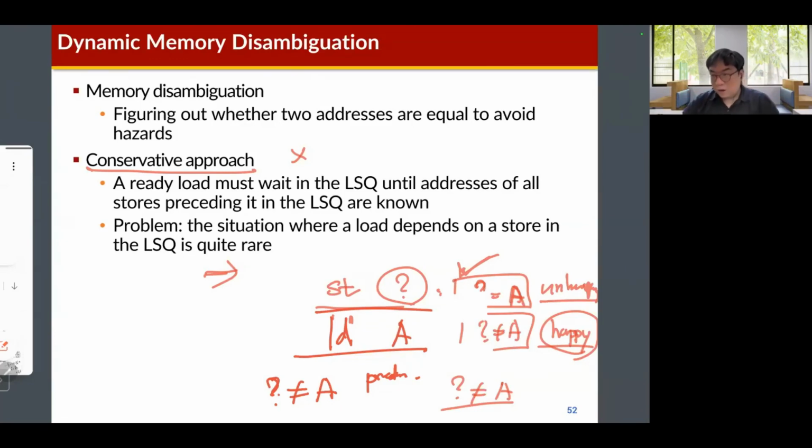And this approach can be applied to memory disambiguation. With high probability, the address of the store instruction is different from the address of the following load instruction. So we assume that, we don't know, but the unknown address is different from A. So the load instruction is executed speculatively.